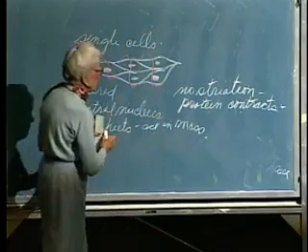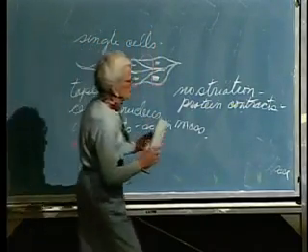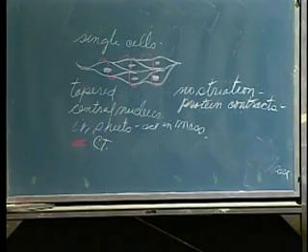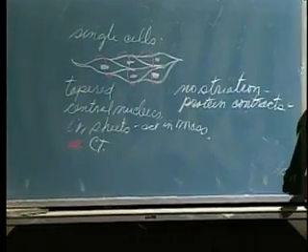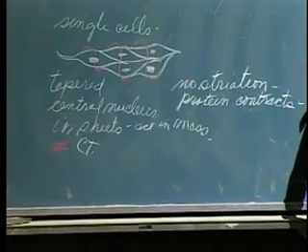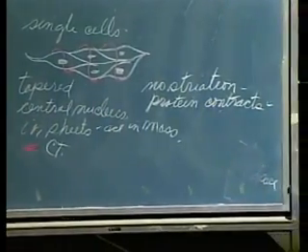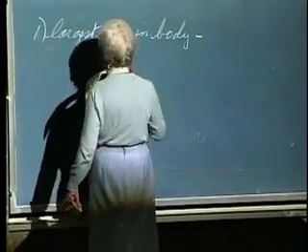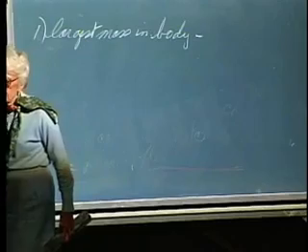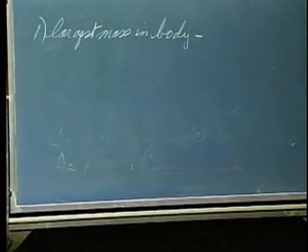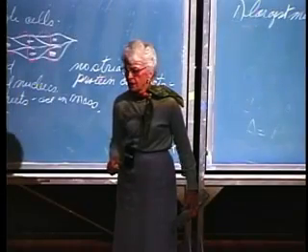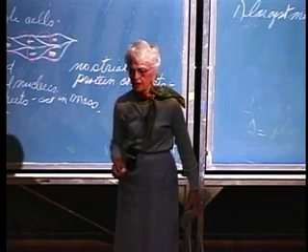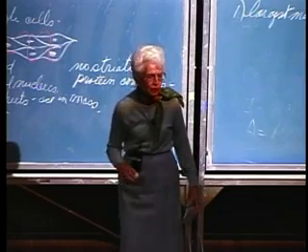So let's see where we find smooth muscle. Where is the largest mass of smooth muscle in the human body? Uterus, yes.